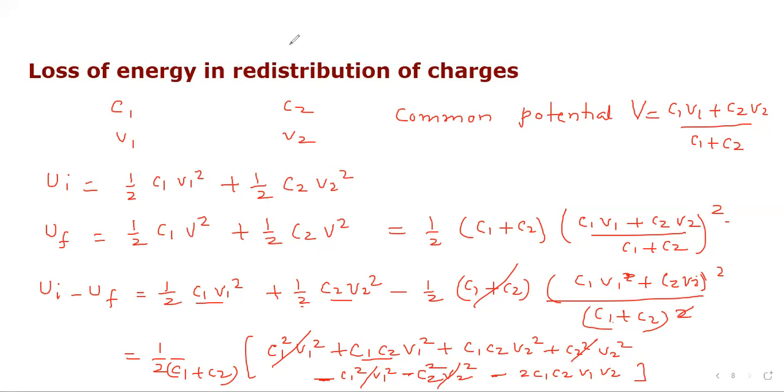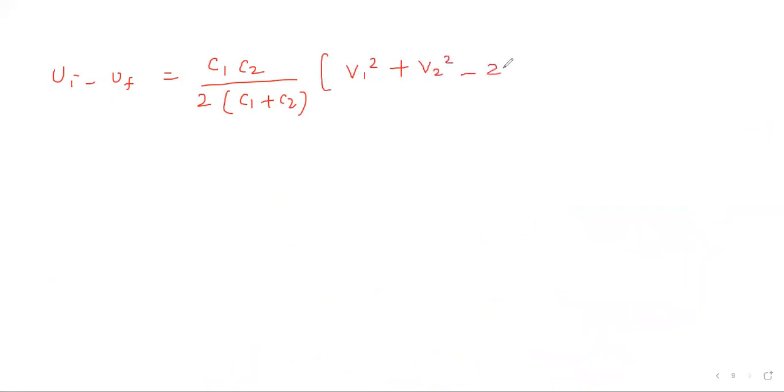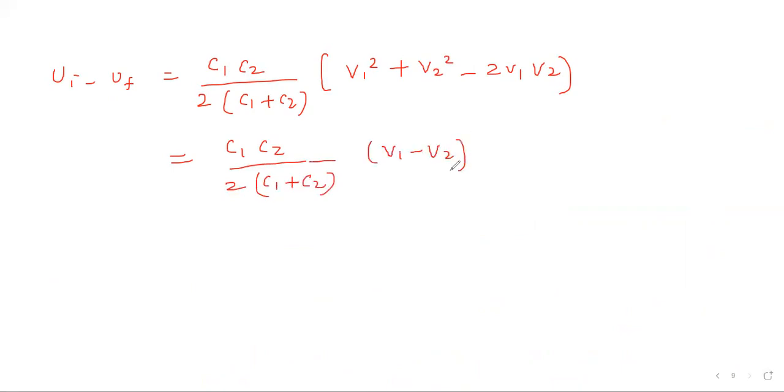So from here we can take common C1 C2. So we are going to write Ui minus Uf equal to C1 C2 divided by twice (C1 plus C2), then we will be left with V1 square plus V2 square minus twice V1 V2, which is equal to C1 C2 divided by twice (C1 plus C2) times (V1 minus V2) whole square.